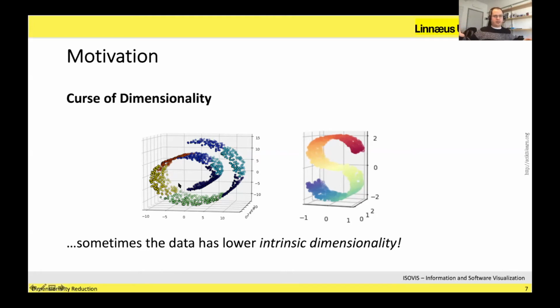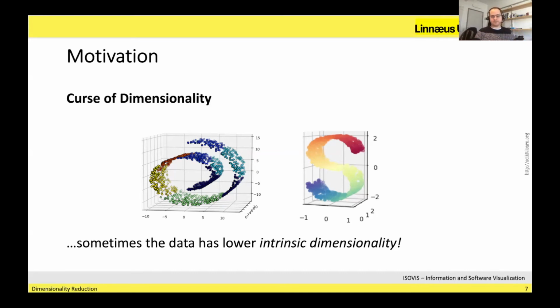I could not do that. So I need to detect these dimensions. I need to somehow reduce the dimensions into 2, but not by throwing 1 dimension away, but by generating 2 new dimensions, right? And this is what dimensionality reduction algorithms do.